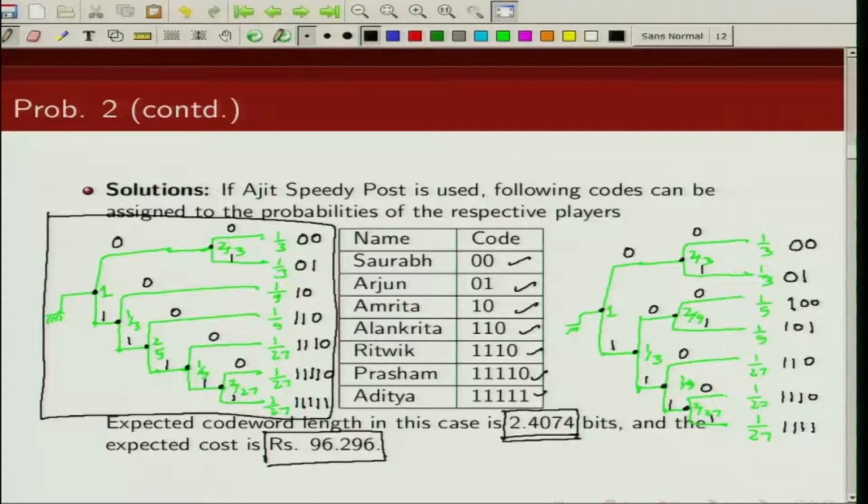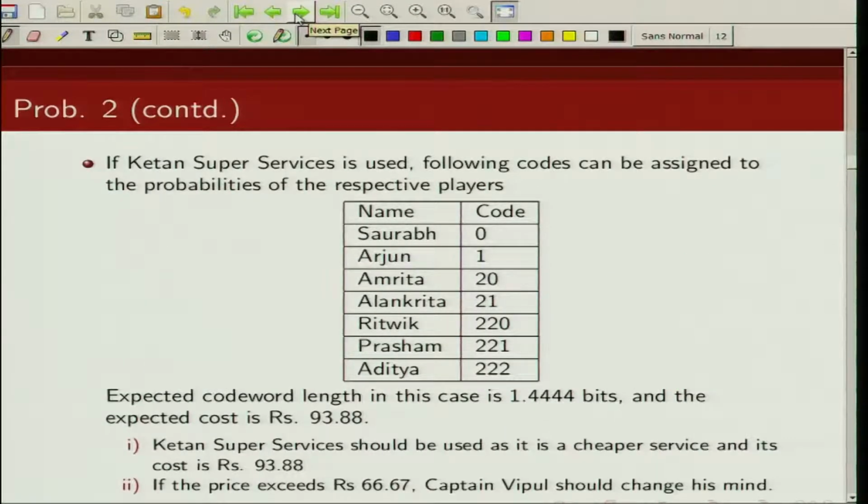Okay. Now let us look at Kaitlyn Super Services. Now Kaitlyn Super Services uses ternary bits, right? And we have u which takes values 1 by 3, 1 by 9 and 1 by 27. So k in this case is 7. What is d? It's a ternary code, so d is 3.